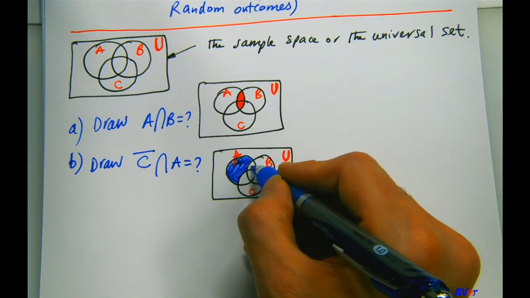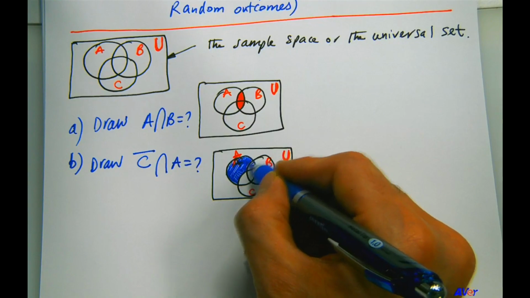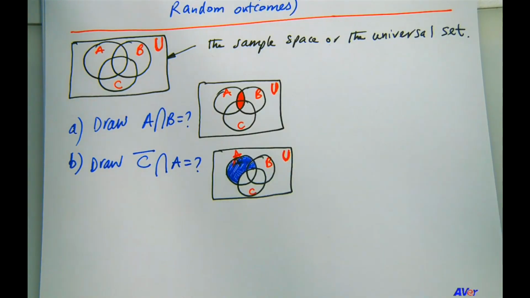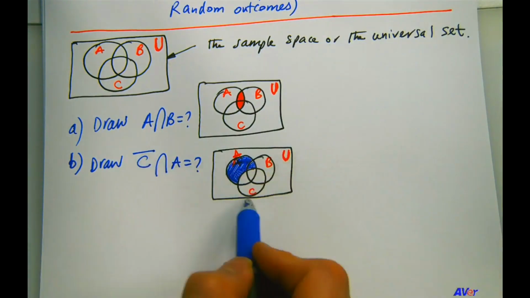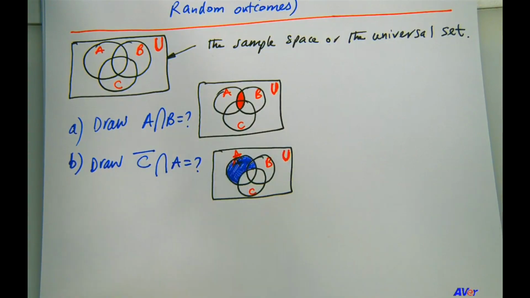It's okay, because that piece is part of A, but not part of C, so it's part of C bar. So we need to also expand that here. So C bar intersection A is that piece.